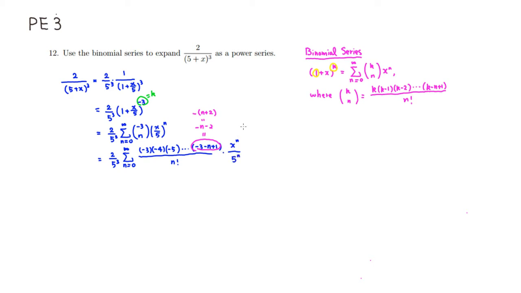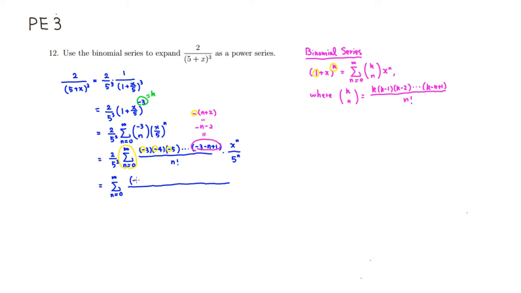Let's simplify this. First I'm going to take care of the summation sign: summation, n goes from 0 to infinity. Then you're going to have a big fraction here. Since every factor has a negative sign, up to the very last one, there should be n negative ones multiplied together.